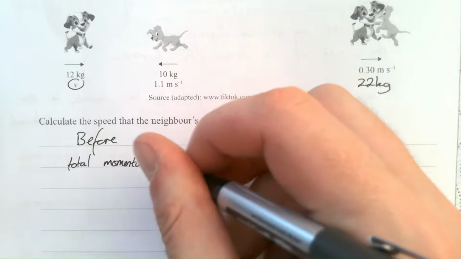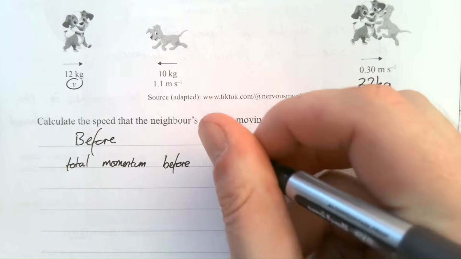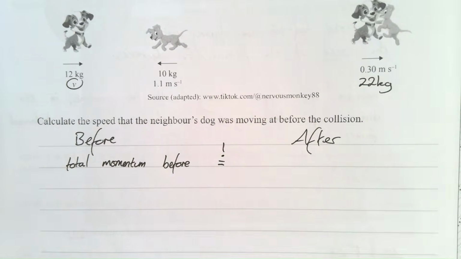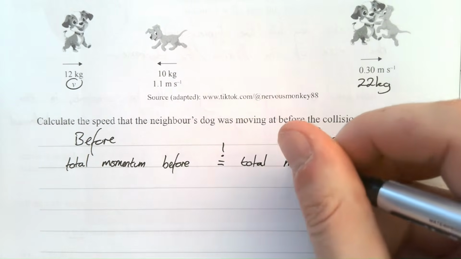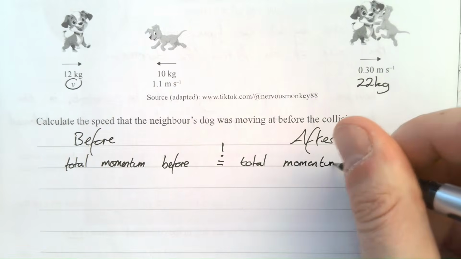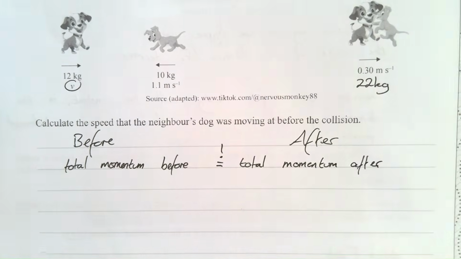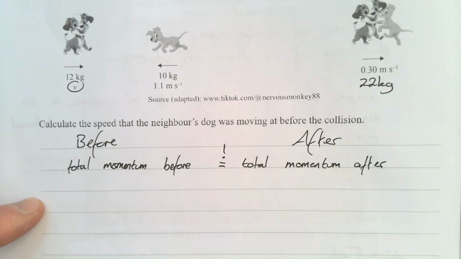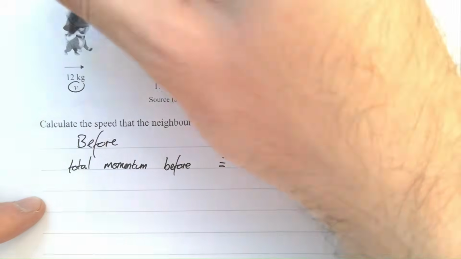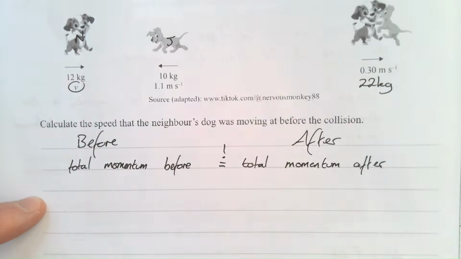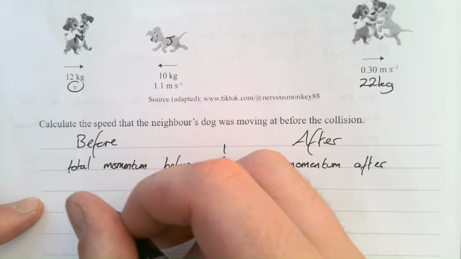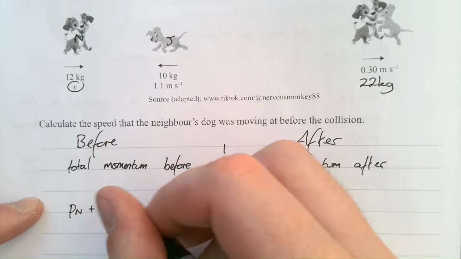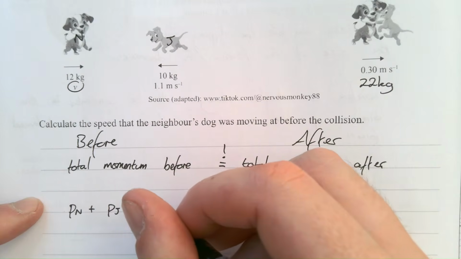Total momentum before must equal, with an exclamation point, which just means it must be. We're setting that condition. The total momentum after. Now our total momentum is, Jono's dog is this one, and the neighbour's dog is that one. So we'll have that P of N for the neighbour's dog plus P of Jono's dog must be equal to P of both.